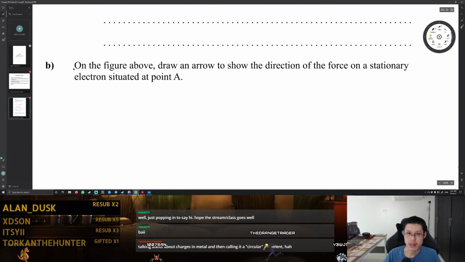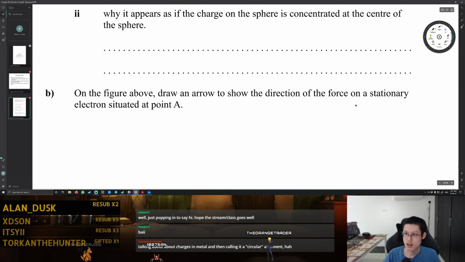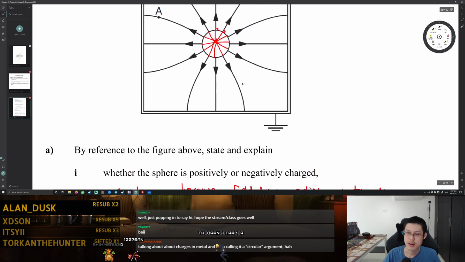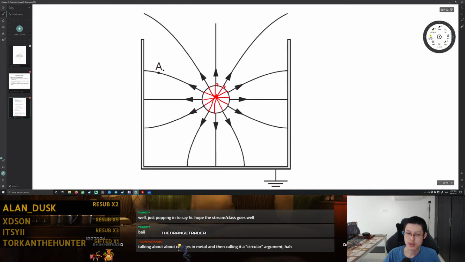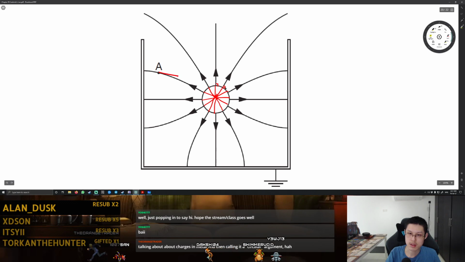Okay, part B. On the figure above, draw an arrow to show the direction of the force on a stationary electron situated at A. So if I have a stationary electron here, in which direction is it going to experience a force? Remember, electrons are negatively charged, so they should experience a force towards the positively charged sphere, and it should be like this.